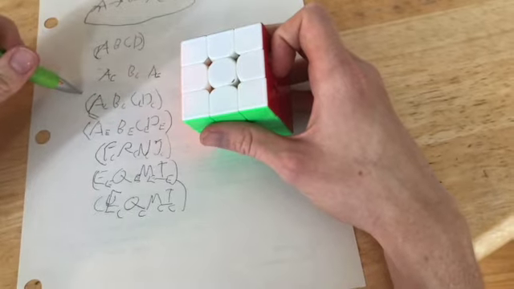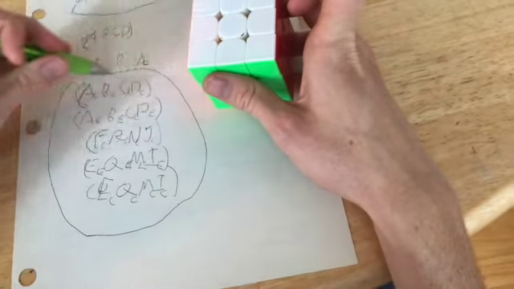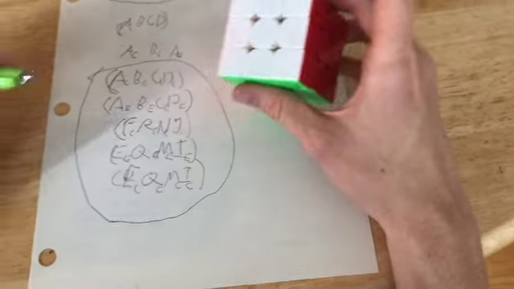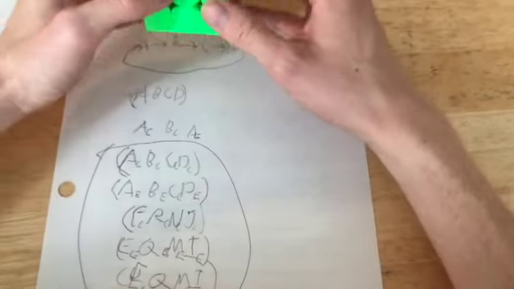And so this all together is one of the 6 moves on the Rubik's Cube.